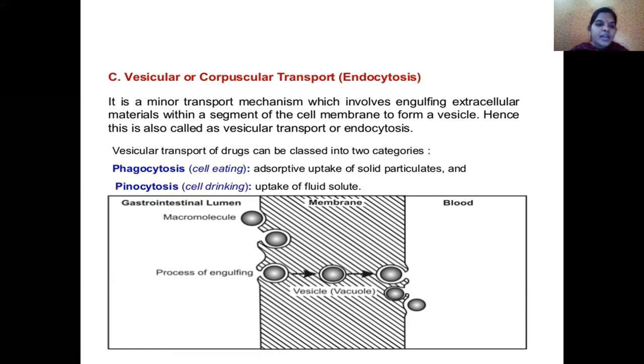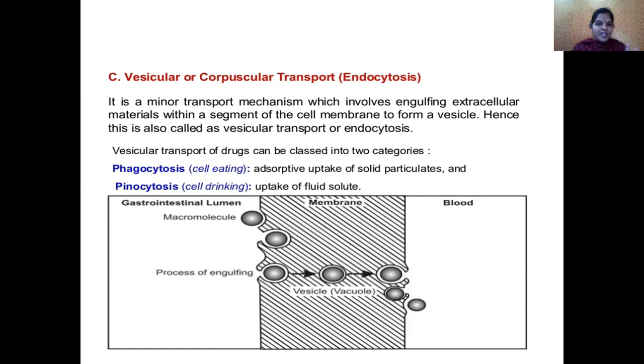Vesicular transport of drugs can be classified into two categories. What are those? Phagocytosis and pinocytosis. Vesicular transport involves engulfing, capturing extracellular materials within a segment of the cell membrane to form a spherical vesicle.